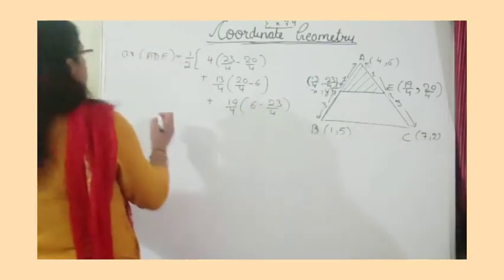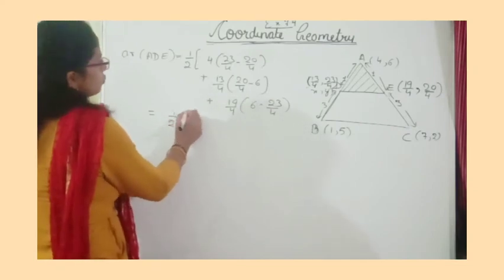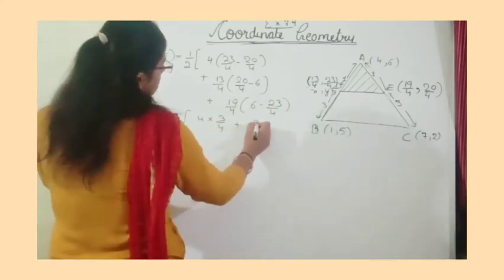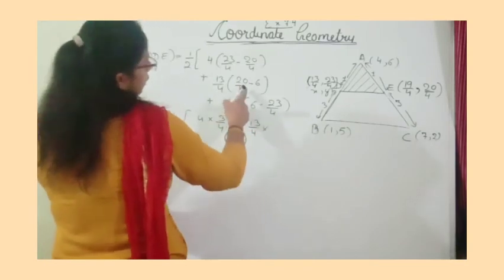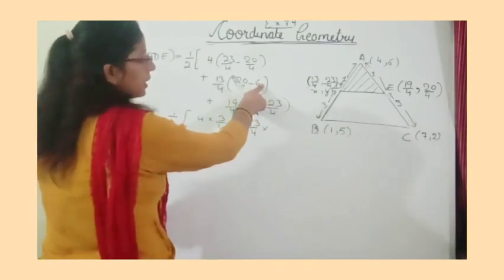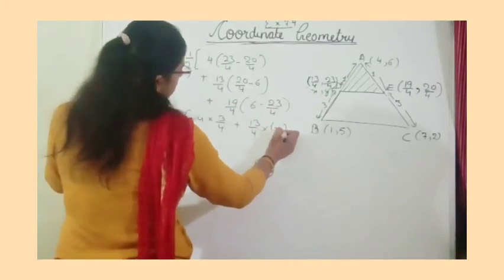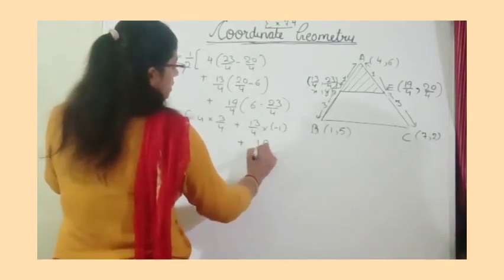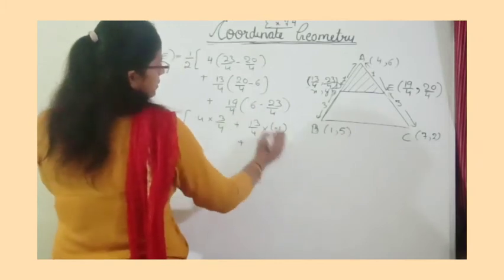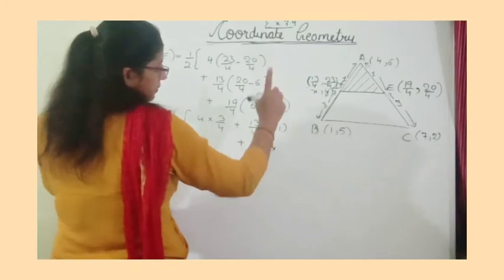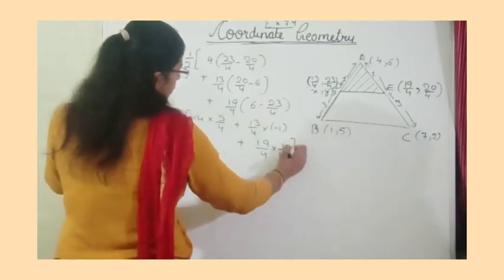So find the area. What you will get? 1 upon 2. So 4 into 3 upon 4 plus 13 upon 4 into, 6 4s are 24, this will become minus 24, this is minus 4 upon 4, that means minus 1 will come here. Plus 19 upon 4, and inside that 6 4s are 24, 24 minus 23, that means 1. So you will get 1 upon 4.